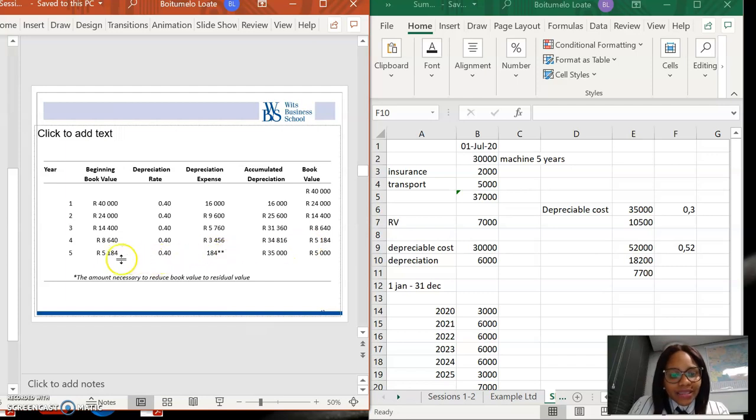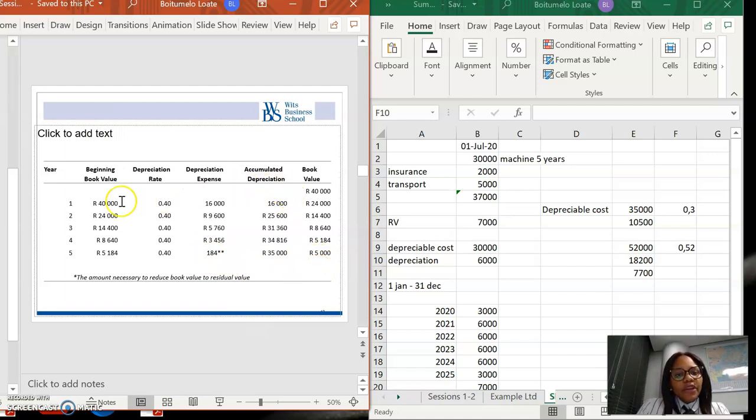So in that last year, we need to be aware of what our residual value was when we're looking at this truck, and I do not want to depreciate it anything more than what the residual value would have been. So you'll notice even though you calculate this 40% times 5,184, your depreciation expense in that year is only limited to 184 to get your residual value back down to 5,000.